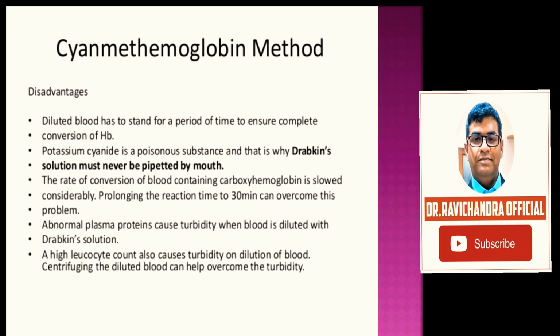The rate of conversion of blood containing carboxyhemoglobin is slowed considerably, prolonging the reaction time to 30 minutes, and this can be overcome. Abnormal plasma proteins cause turbidity when blood is diluted with Drabkin solution. A high leukocyte count also causes turbidity on dilution of blood. Centrifuging the diluted blood can help overcome this turbidity.